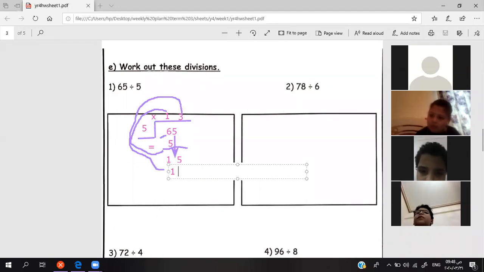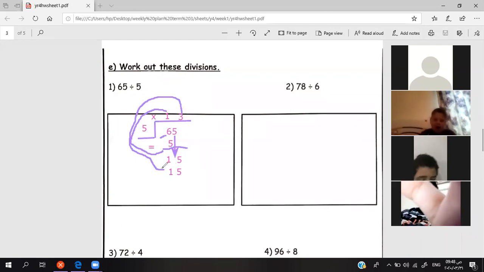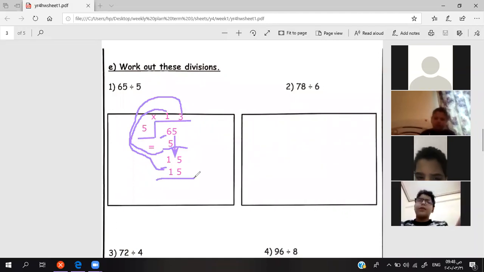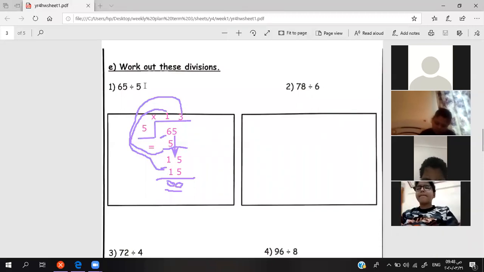Like this, I multiplied and I wrote my answer, because some of you multiply and don't write the answer. So I must multiply and write the answer. I must minus and write the answer. Second step is to minus. 15 minus 15 is 0, and a happy face. So my answer for this is the number up, which is 13. Let's try number 2.